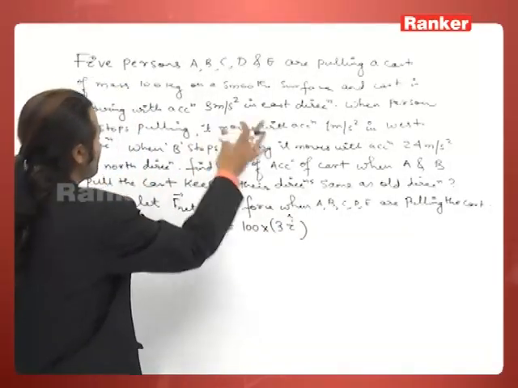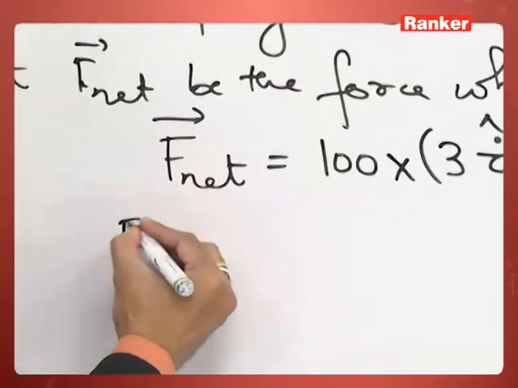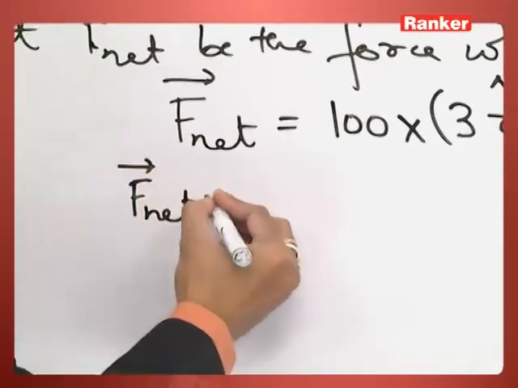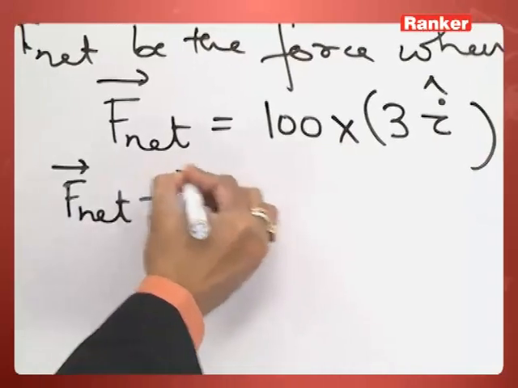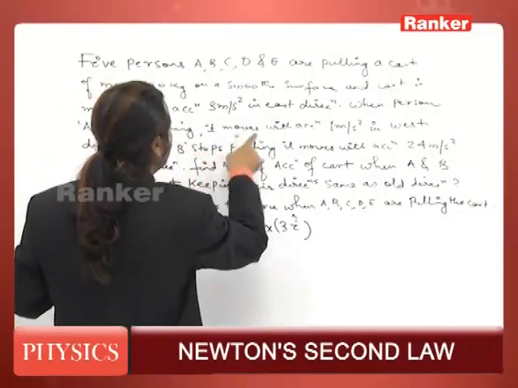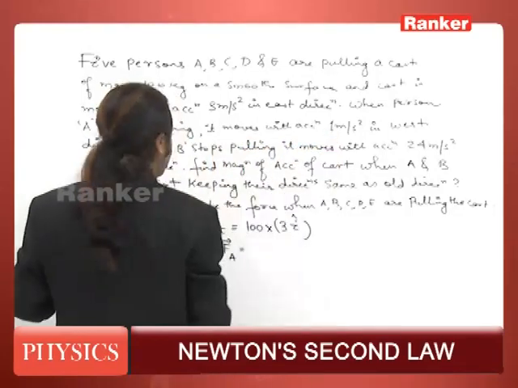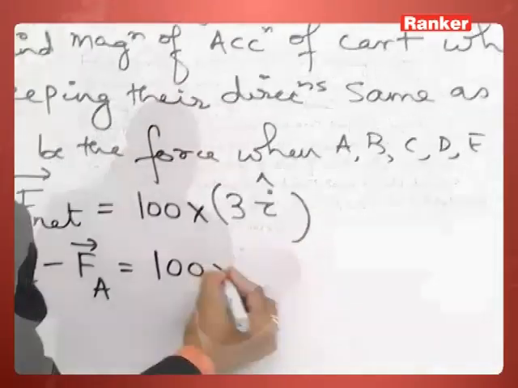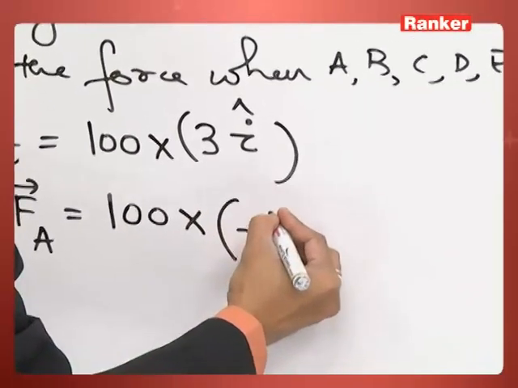Now when A stops pulling, that means I can write F net minus FA. That becomes, when A stops pulling, it moves with an acceleration 1 meter per second square, that means 100 kg in west direction, so minus 1 i cap.